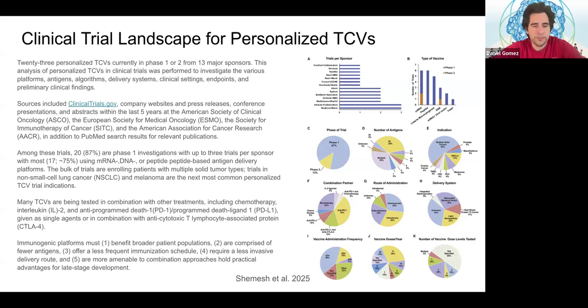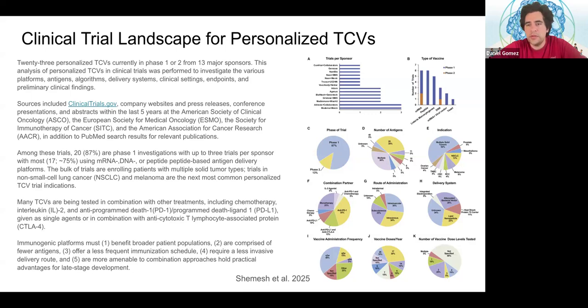Immunogenic platforms must: 1, benefit broader patient populations; 2, comprise fewer antigens; 3, offer a less frequent immunization schedule; 4, require a less invasive delivery route; and 5, be most amenable to combinational approaches that hold practical advantages for later stage development.